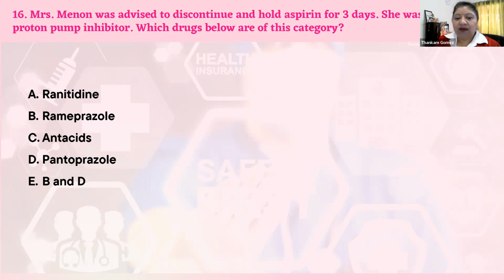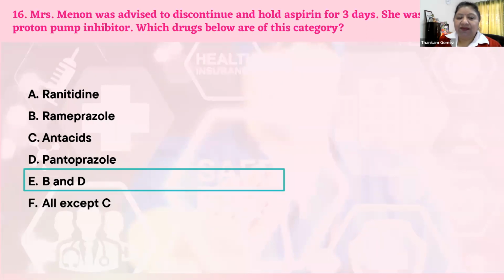Which are the proton pump inhibitors here? Good, Hannah. So again, one more tip for you. B and D, the prazoles, are proton pump inhibitors.